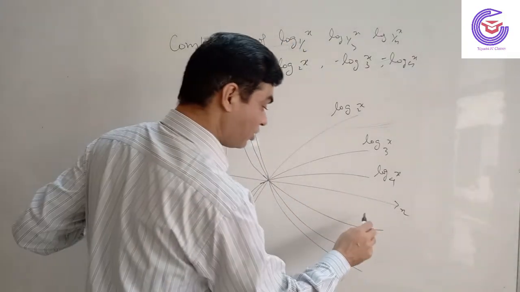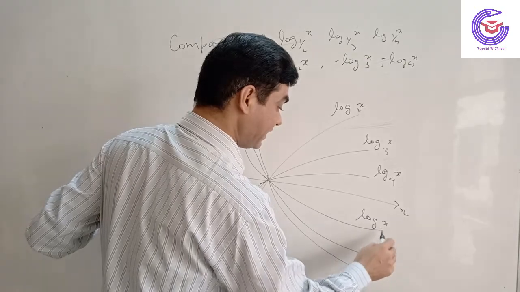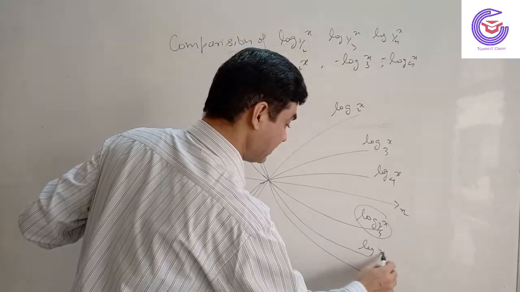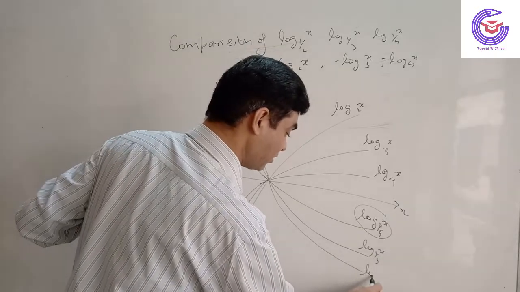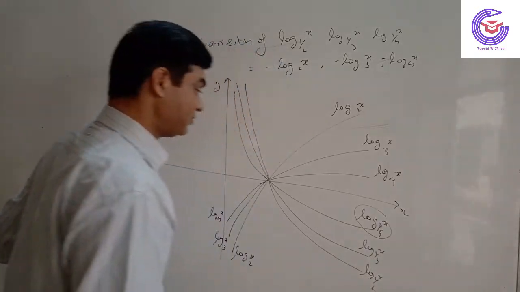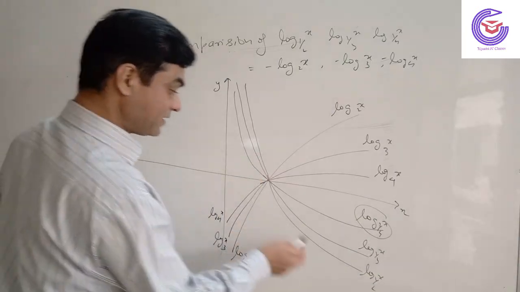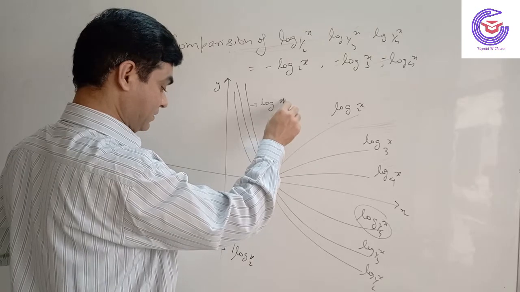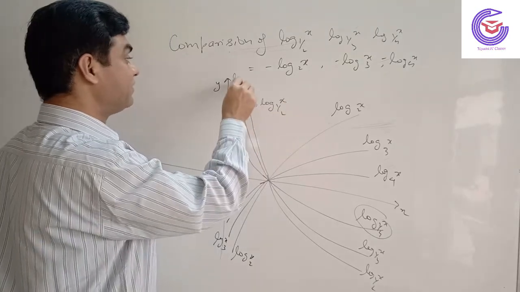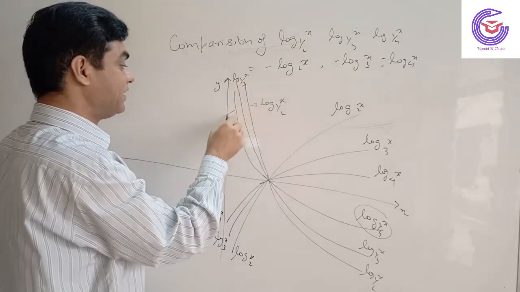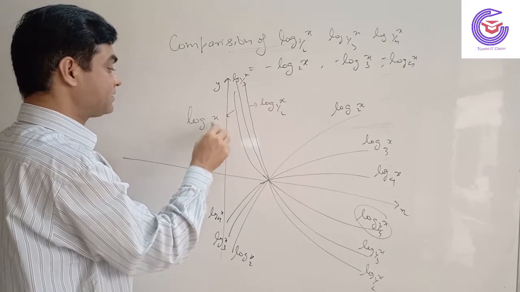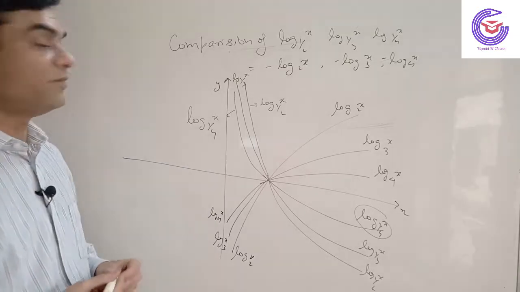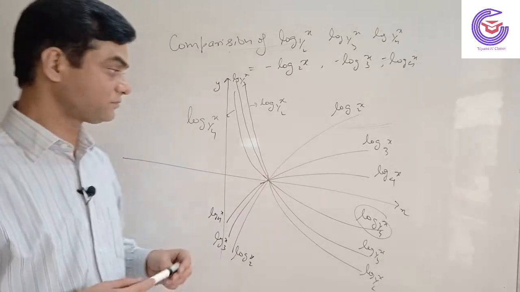So this will become your log x base 1/4, this will be your log x base 1/3, log x base 1/2. Here it is also reverse. So log x base 1/2, the middle one log x base 1/3, and the last one log x base 1/4. So this is the comparison when a is less than 1.